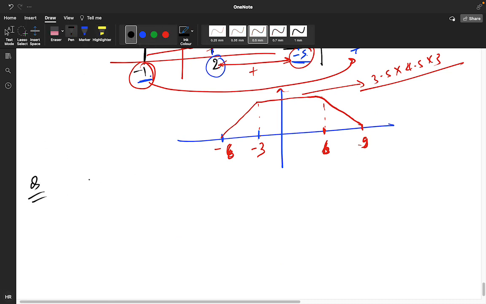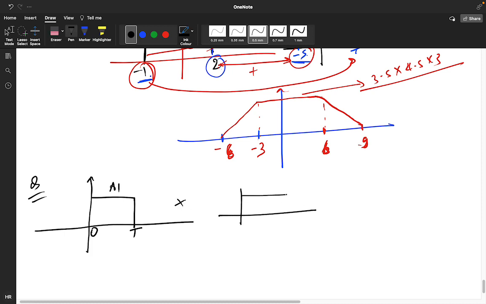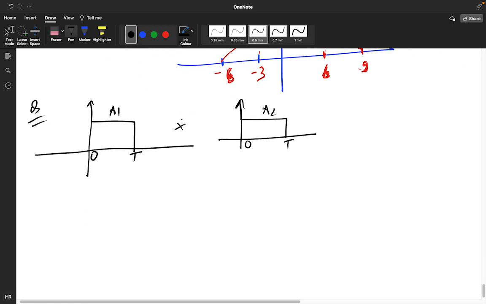See, you have a question, the same question I am giving you. This is 0, this is t, this is a1, and it is getting convolved with 0, t, a2. So what will be the result of doing the convolution? 0 plus 0, 0.